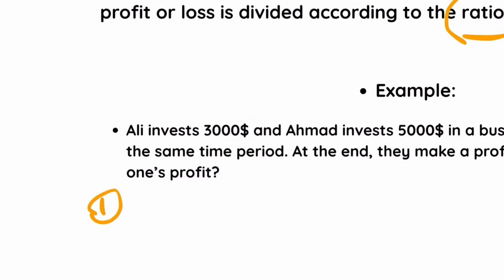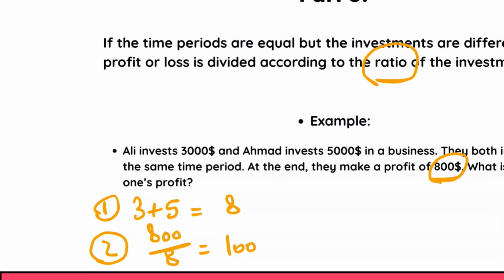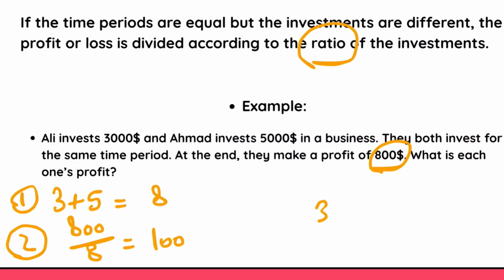So the first step, 3 plus 5, adding these up, this will be 8, right? The second step, dividing the main profit by the result of addition, 800 divided by 8, which will be 100, right? And the third one, multiplying 100 by each part of the ratio, right?